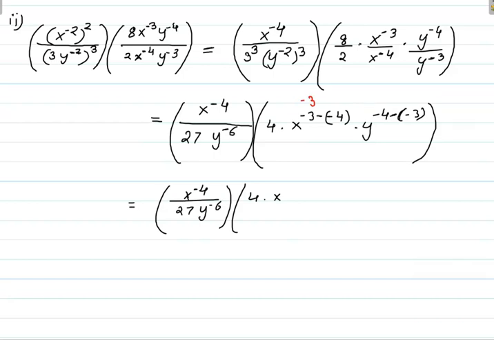Two negatives make a positive, so it becomes negative 3 plus 4, and here too it becomes negative 4 plus 3 because two negatives make a positive. So we get negative 3 plus 4 gives you a 1, times y raised to negative 4 plus 3 gives you a negative 1.